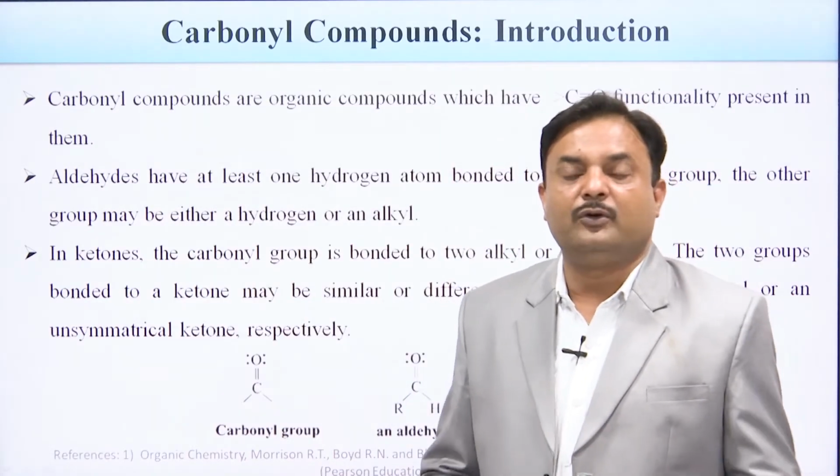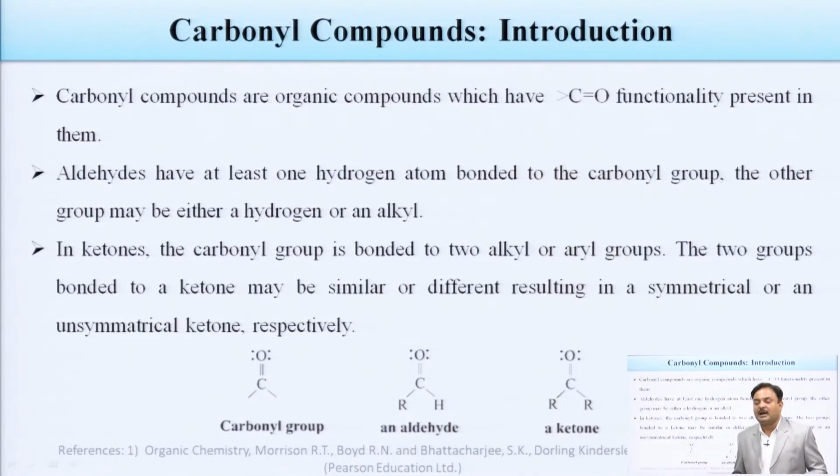First of all, we should know what carbonyl compounds are. Carbonyl compounds are organic compounds which have C double bond O in their structure. The compounds which have this functional group, the carbonyl group, in their structure are known as carbonyl compounds.